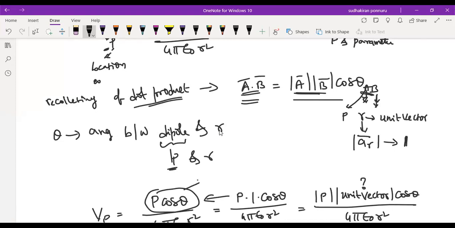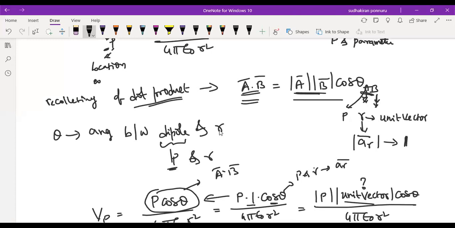If you want to write this term in the form of A bar dot B bar, since you are having cos theta, I am writing here P multiplied by 1 multiplied by cos theta. We know that the magnitude of a unit vector is always equal to 1, and theta is the angle between P and R. Therefore we have to express R with respect to its unit vector, that is A R bar.